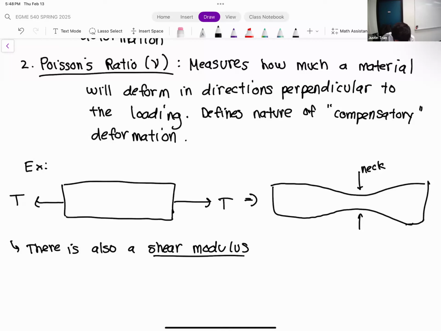The shear modulus specifically is a material property that tells you how well your material will resist shearing stresses or shearing strains.